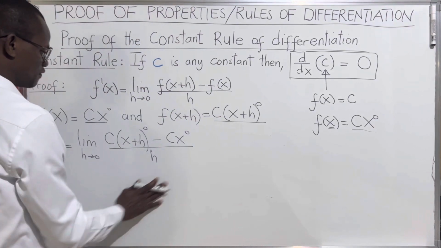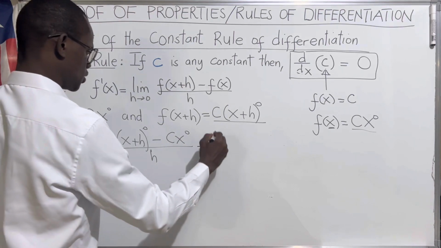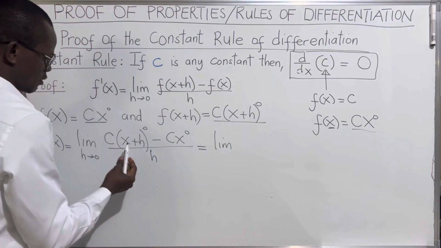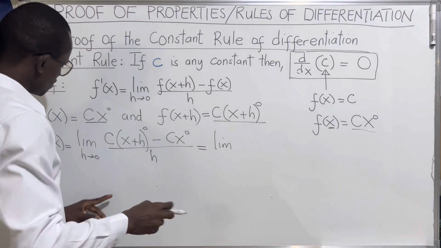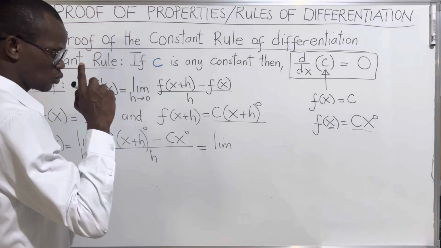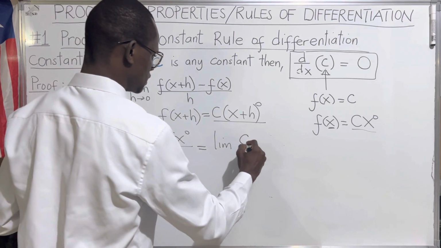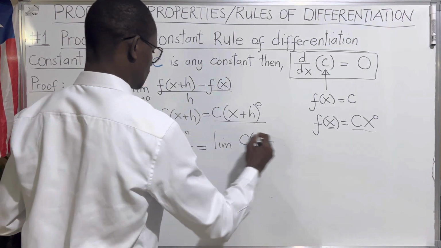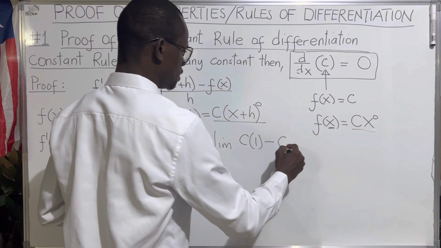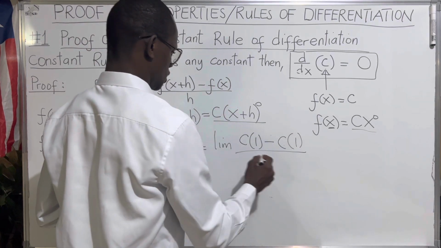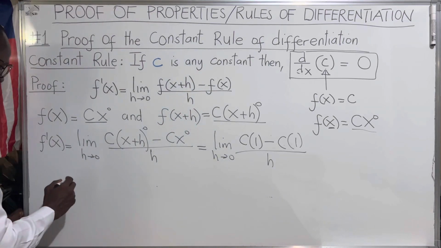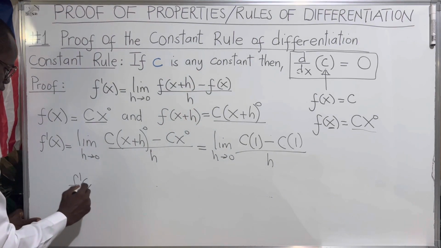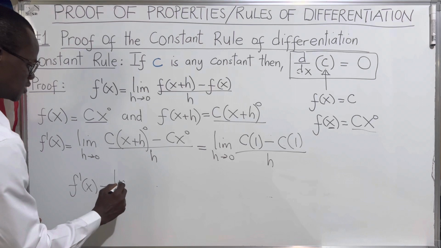Now, x plus h raised to the power 0, we told you anything raised to the power 0 is equal to 1. So this is just c times 1 minus c times 1, all over h as h approaches 0.